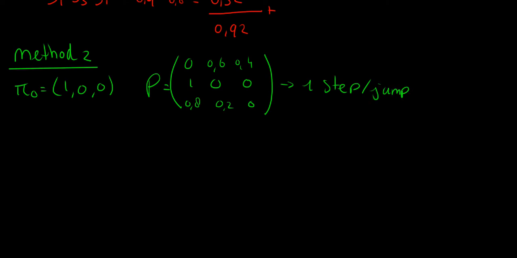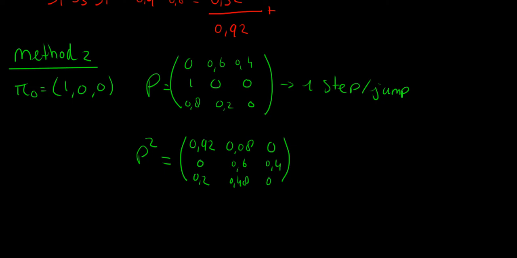If we multiply it with itself, so we get P squared, our matrix is the following: 0.92, 0.08, 0, 0, 0.6, 0.4, 0.2, 0.48, and 0.32. This is just P multiplied with itself.